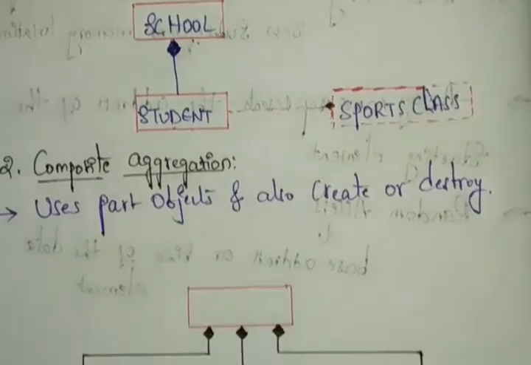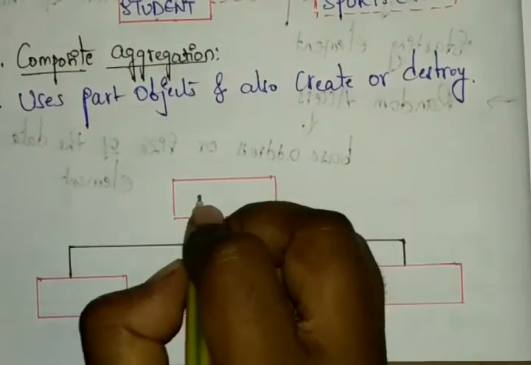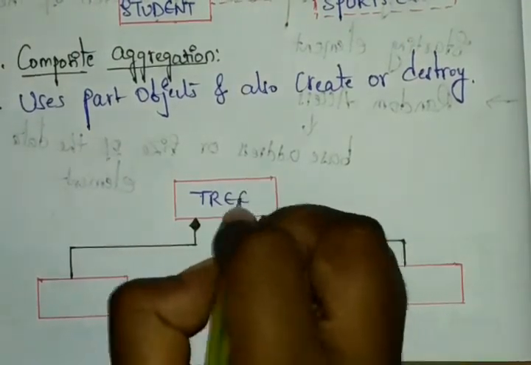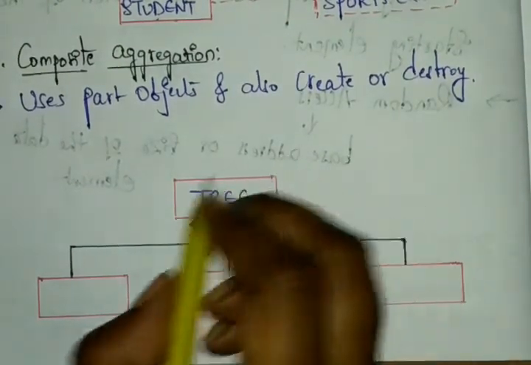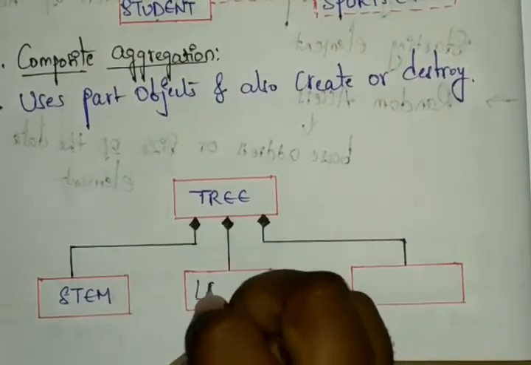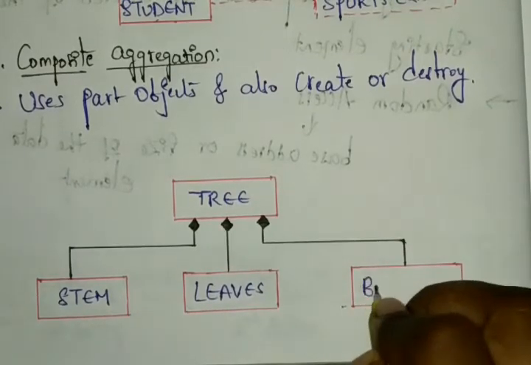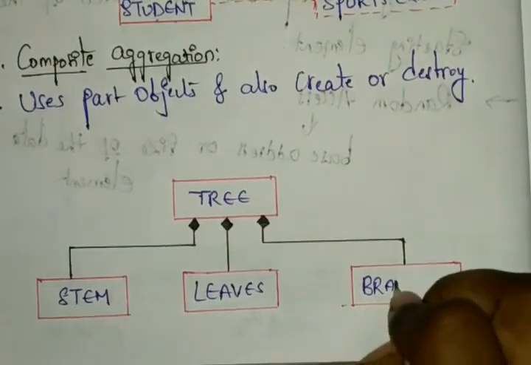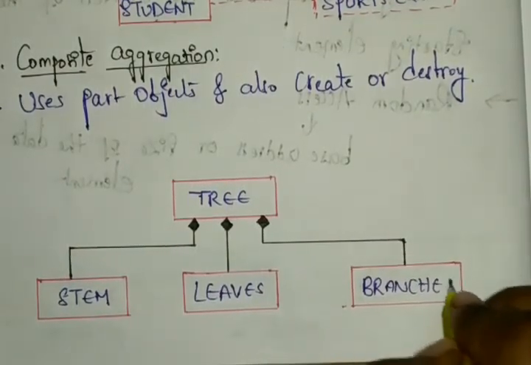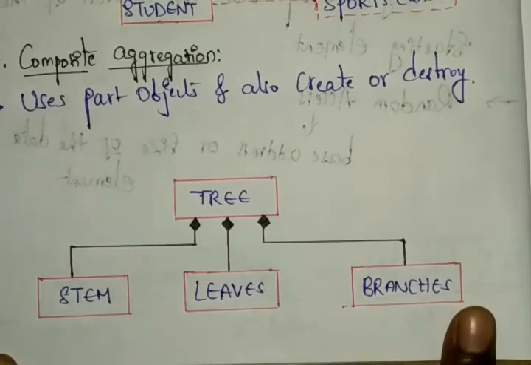Let's see one example. Here I am choosing the tree. In the tree I am taking the stem, the leaves, and the branches. The tree has leaves, branches and a stem, right? First it has the stem.